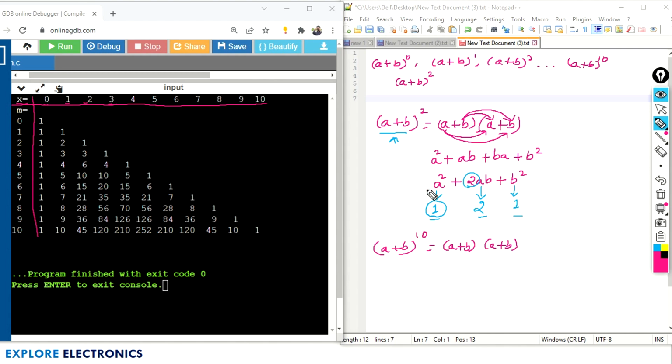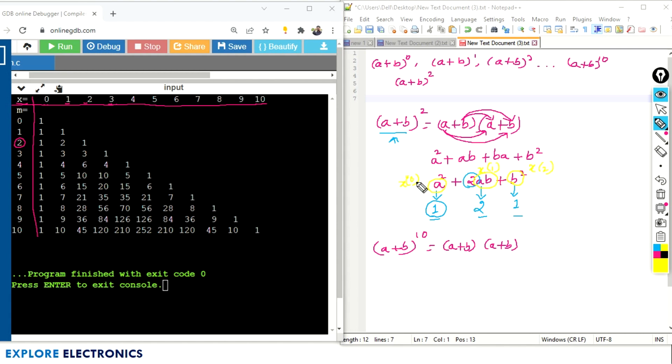So here the 1, 2 and 1 are the binomial coefficient values. This 2 is the power of the binomial expansion. We are plotting x, which is nothing but the combinations. This is one combination, this is one combination, and this is one combination. So these are x of 0, x of 1 and x of 2.